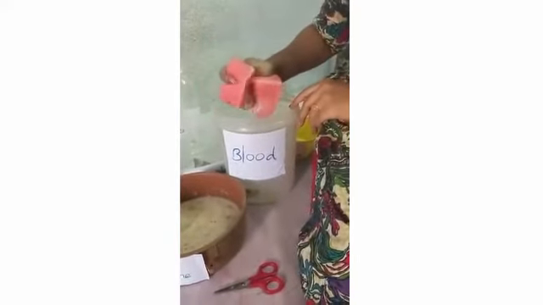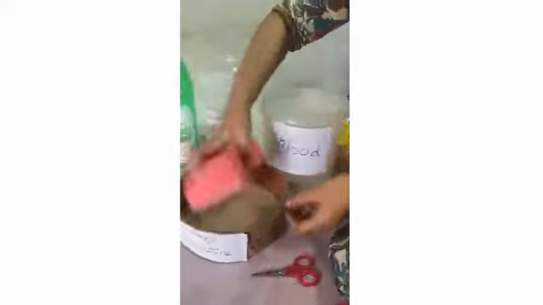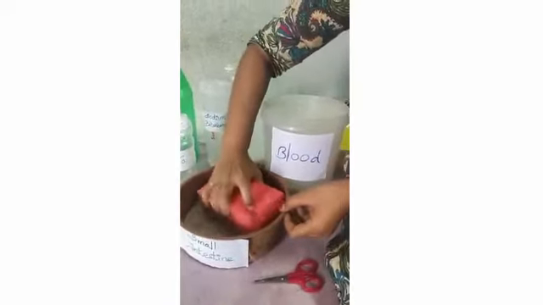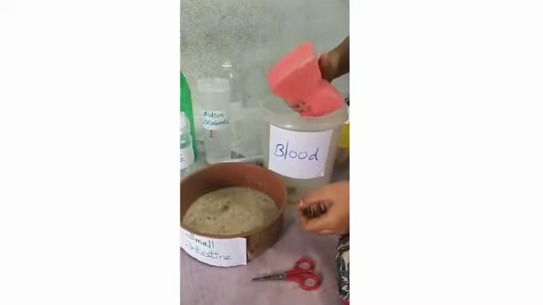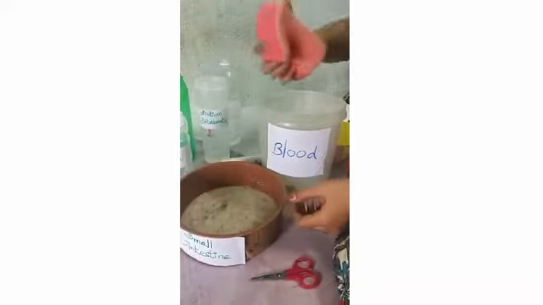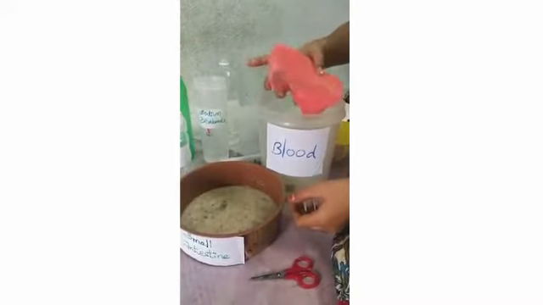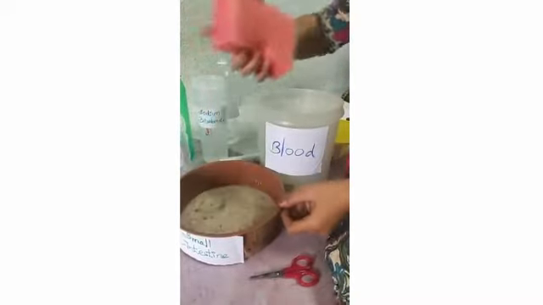So these nutrients enter into the blood through these villi. Here absorption takes place. First the step we have taken is ingestion, the next is digestion, and the third part is absorption.